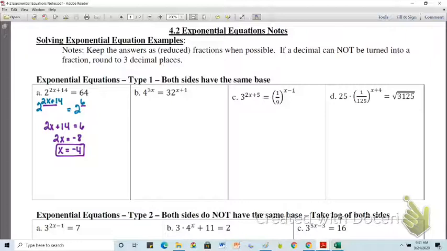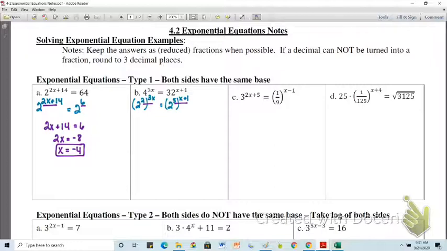So 4 is 2 squared. Bring along the 3x. 32 is 2 to the 5th. Bring along the x plus 1. Again, my bases are equal, so I can set my exponents equal.